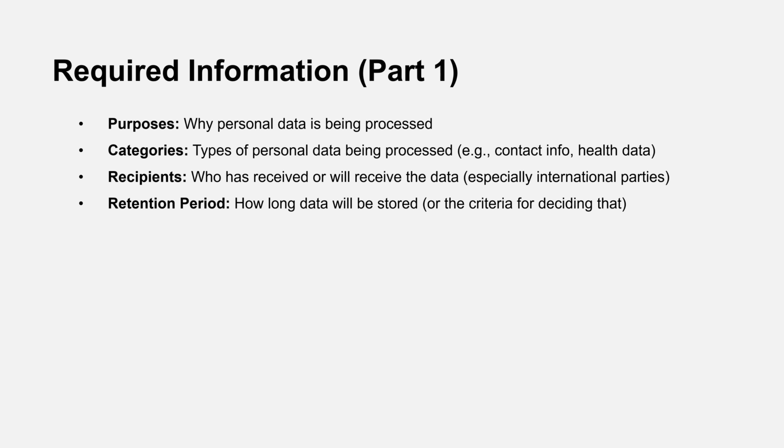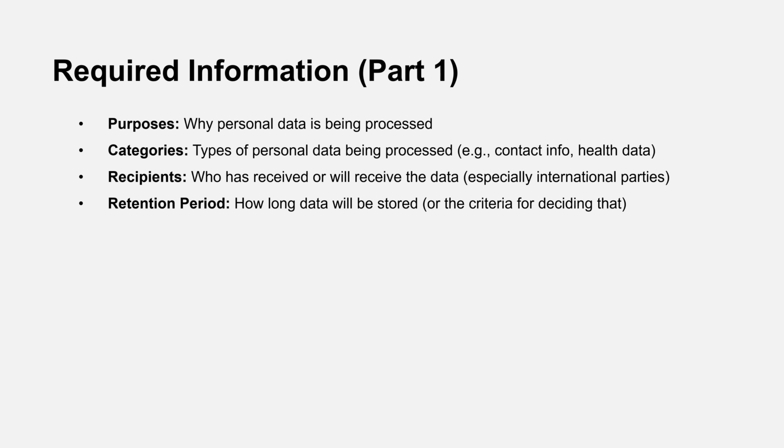They must tell you who they share your data with. For instance, a shopping app might share your address with delivery partners or payment details with banks. And importantly, they should tell you how long they plan to keep your data. If they can't give an exact timeline, they should explain how they decide that duration.